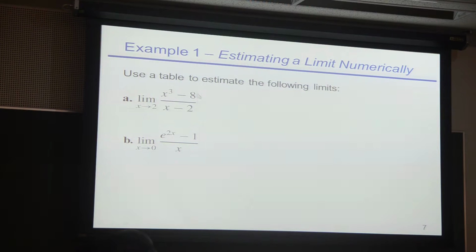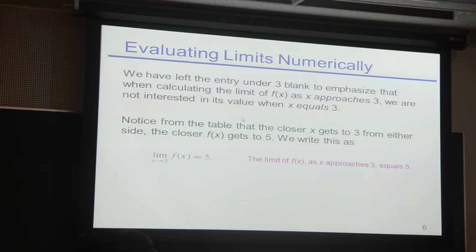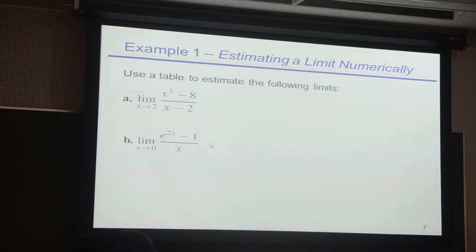It's this whole thing: x cubed minus 8 over x minus 2. That's the function that we're talking about. And then we're talking about as x gets closer to something, in this case, x gets closer to what? 2. Okay, so the value on the x-axis of 2. Now, why do they present this problem to us?